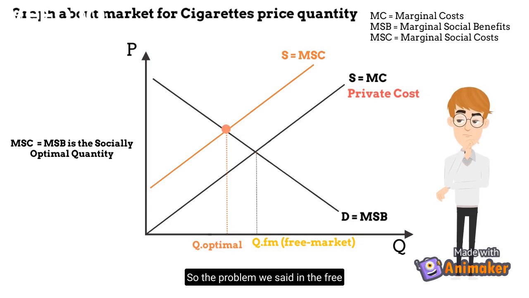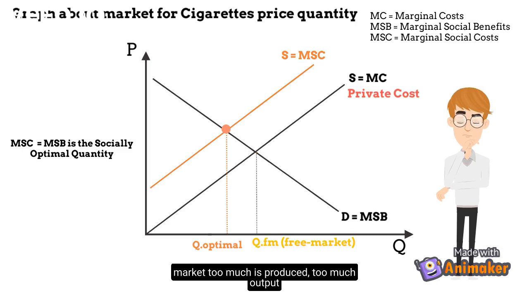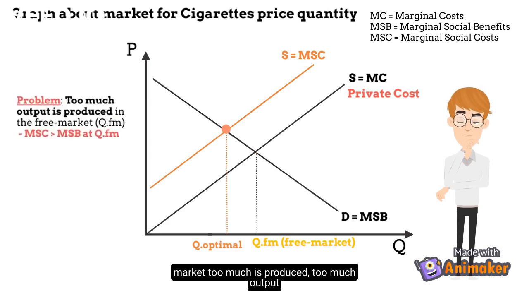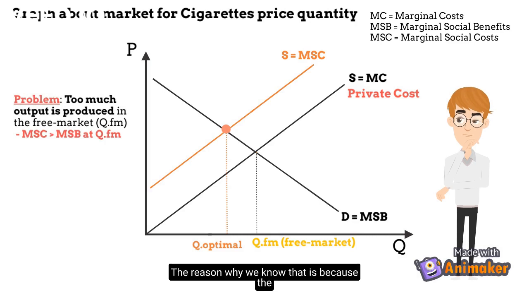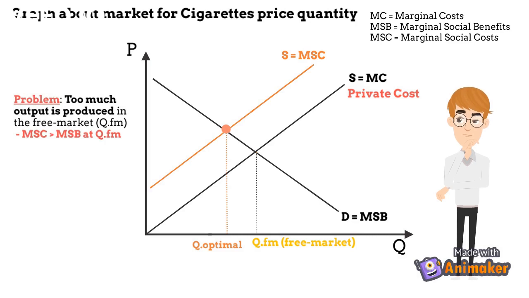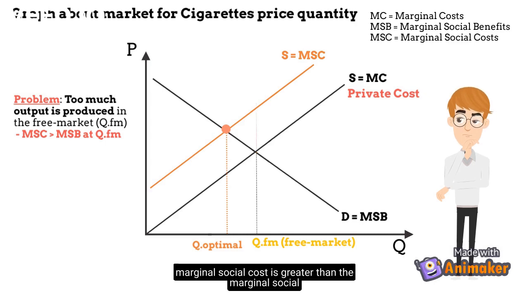So the problem, we said, in the free market, too much output is produced. The reason why we know that is because the marginal social cost is greater than the marginal social benefit at the free market quantity QFM. At this quantity, marginal social cost is greater than the marginal social benefit, because we are producing too much.